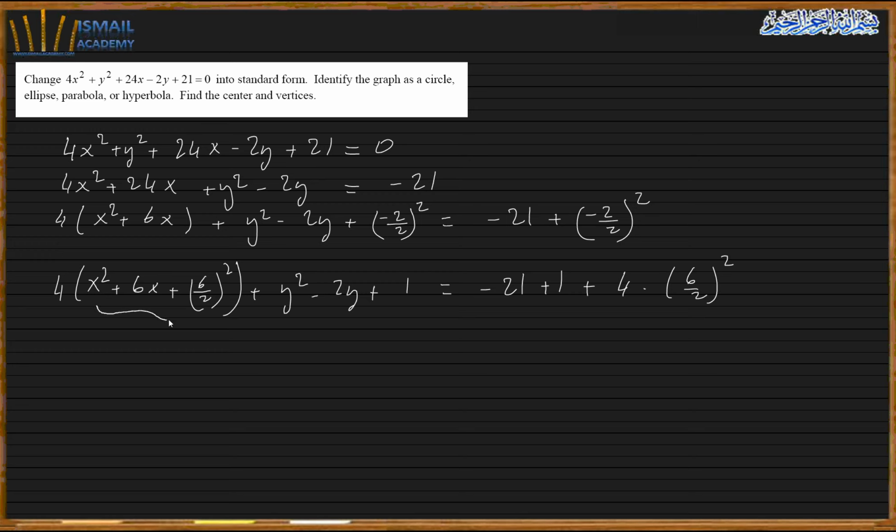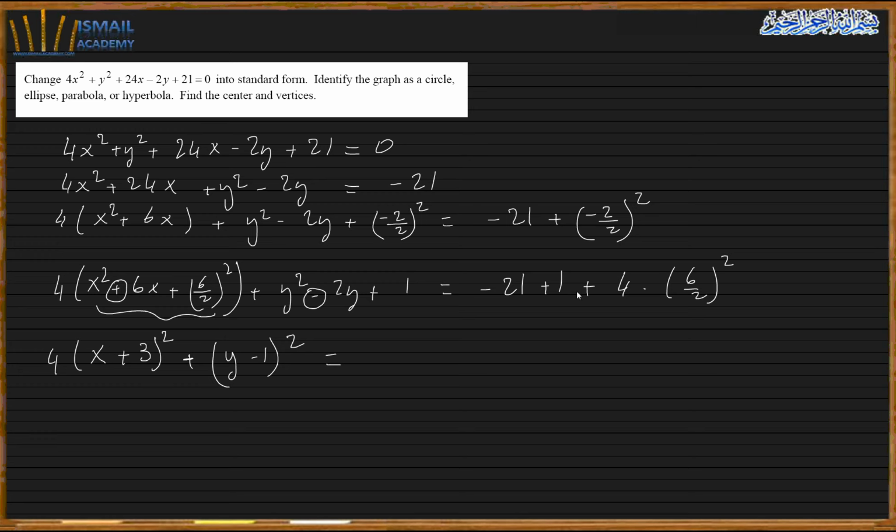So this is my perfect square. It's going to be 4 times x, the middle sign is positive, so I put it here, and I put 6 over 2, which is 3, then I put square, plus, and here I will have y minus 1 squared, because the middle sign is minus. I put 2 over 2, which is 1.